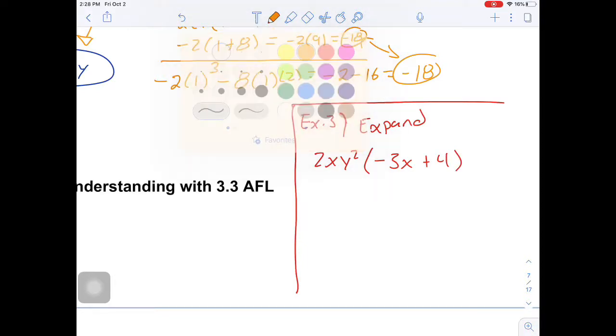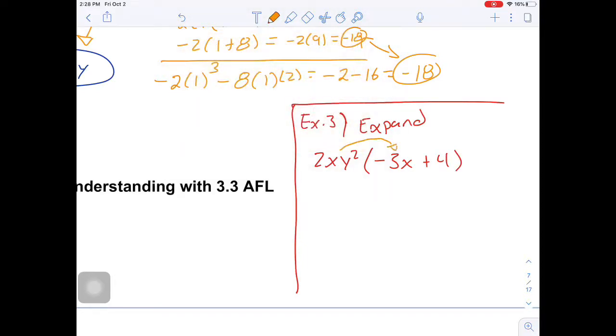Okay, so again, I need to multiply every term inside the brackets. So here I will get negative 2xy squared multiplying negative 3x plus negative 2xy squared multiplying 4.